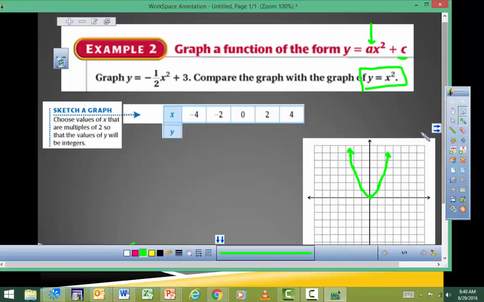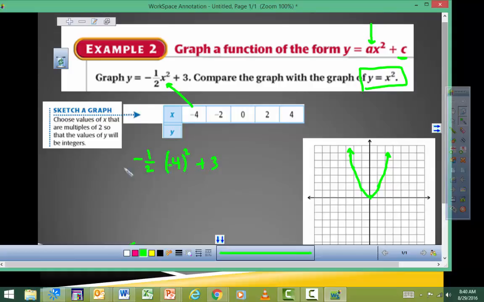Okay, so if you take these values and you substitute them in for x, what do we get? Well, we'd have negative 1/2, and then we're going to put negative 4, and we're going to square that number, and then we're going to add 3, right?